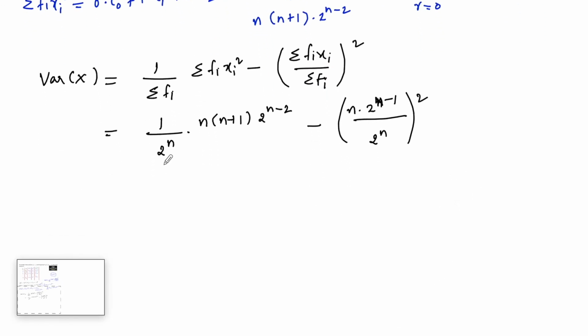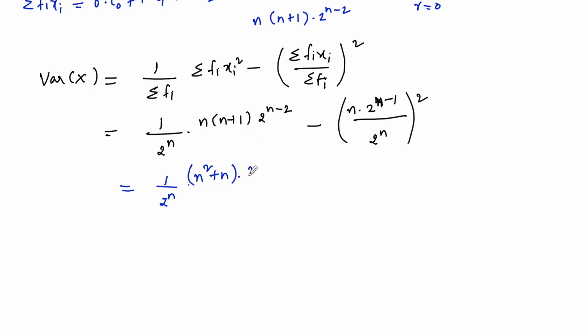So we can write it as 1 upon 2 power n into n plus 1, that is n square plus n, into 2 power n minus 2, which we can write as 2 power n upon 2 square, minus n square into 2 power n upon 2 whole square.